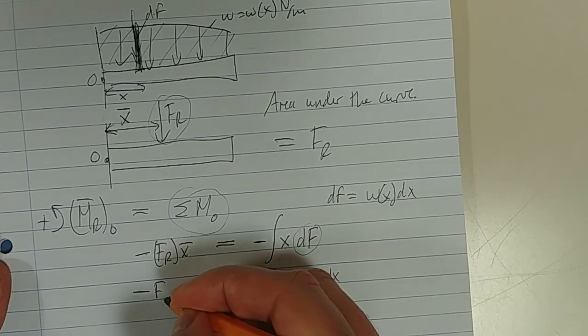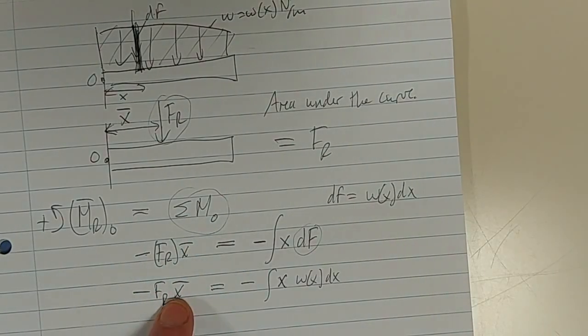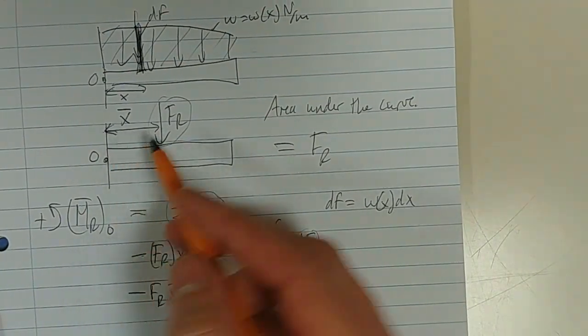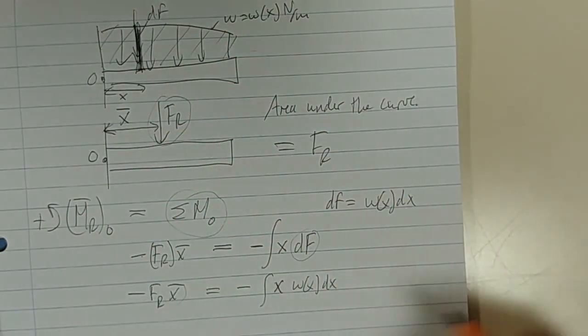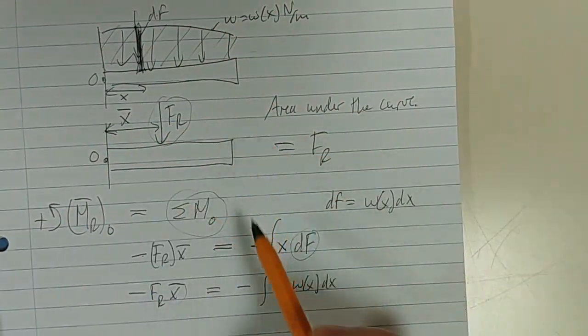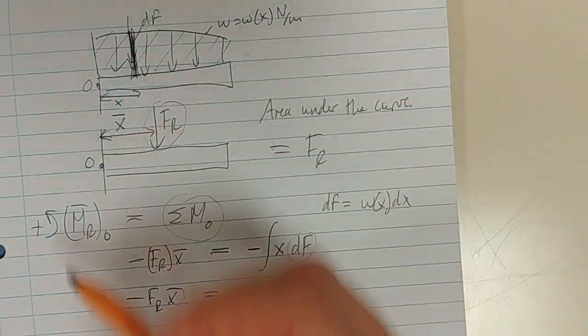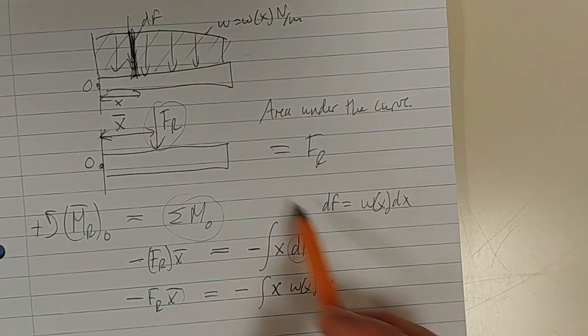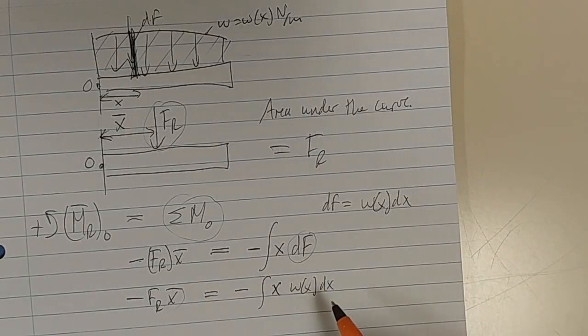So we've got minus FR x bar. X bar is the distance we're looking for. That's the distance that this FR is acting at. FR is the resultant force, which we calculated by calculating the area under the curve. And then on the right-hand side, we have the sum of all the moments due to all the forces.